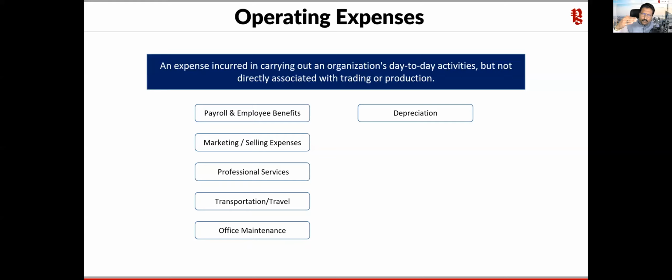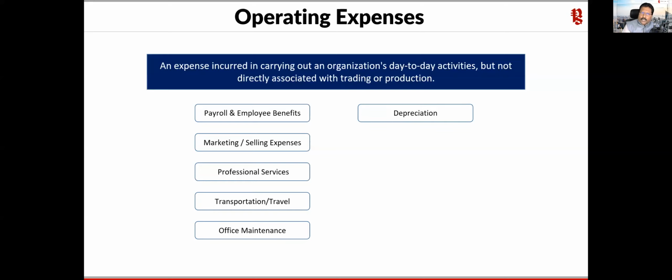The moment you claim any amount as an expenditure, it is going to reduce your profit. Now, in case of all other expenditure, when you are incurring this expenditure, there is a cash outflow to compensate for the benefit that we have acquired, and that is what we call an expenditure.